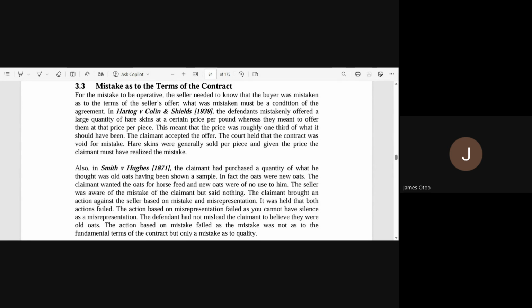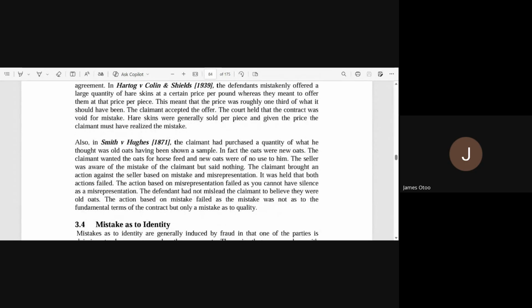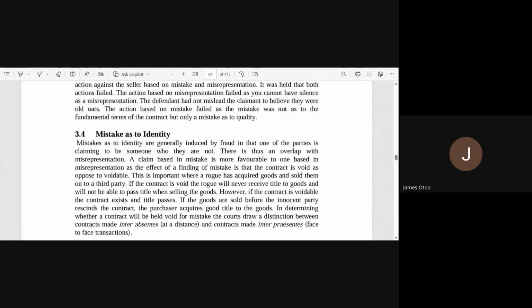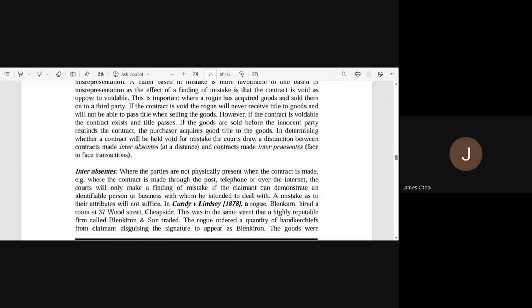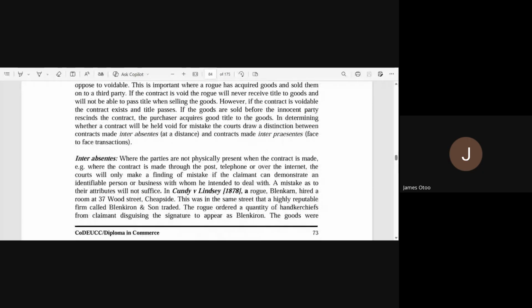Now read the case of Hartog v. Colin and Shields and Smith v. Hughes. Mistakes as to identity. In this type of contract, we have two types. Contract inter absentes, which means that you are not there. Contract inter praesentes, face to face.